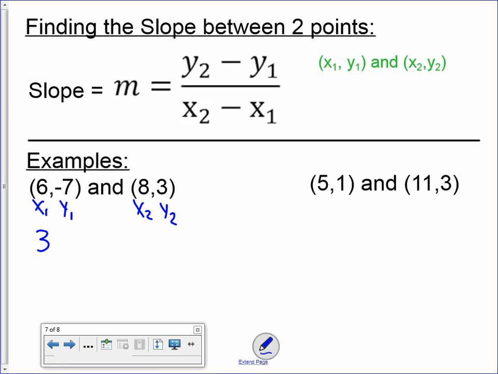Y2, which is 3, minus y1, which is negative 7, over x2, which is 8, minus x1, which is 6. If I do the math, 3 minus a negative 7 is really 3 plus 7, which is 10, and 8 minus 6 is 2. I can simplify 10 over 2 into 5. My slope here would be 5.